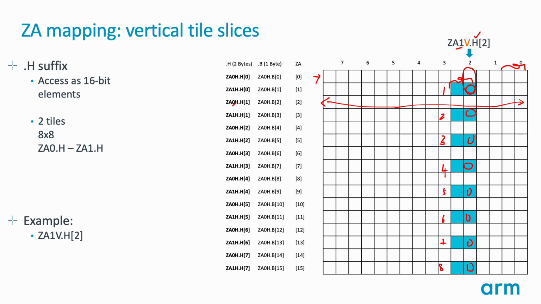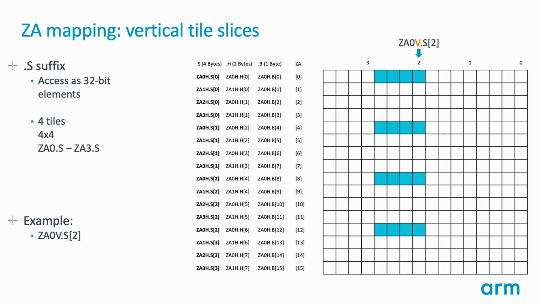Similarly, the mapping for 32-bit element is shown here. Since the explanation is the same, I will not go through the details again. All the required details are on the slide itself. Just that we'll have 4 tiles here: ZA0, ZA1, ZA2, ZA3.